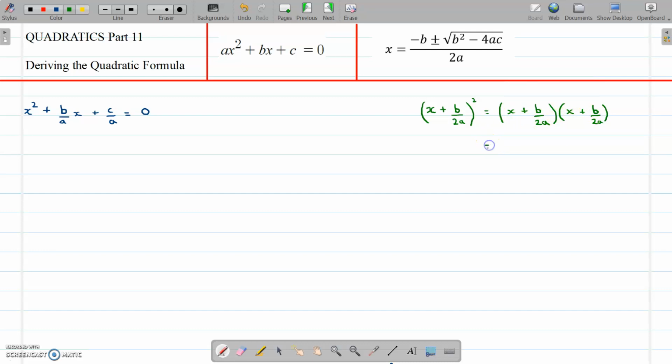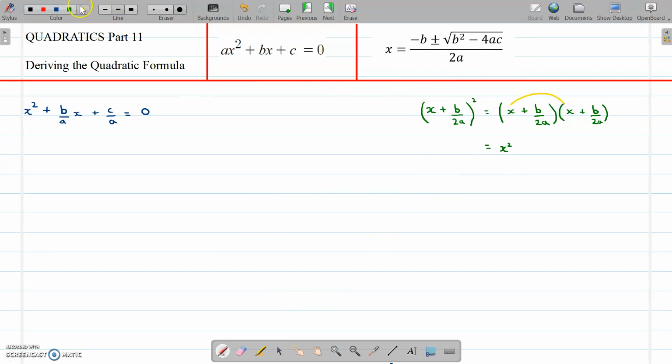So it gives us x squared using the first term. So we've got x squared. That's from the first terms multiplied together. I'll show you quickly what I've done there. It's that times that.